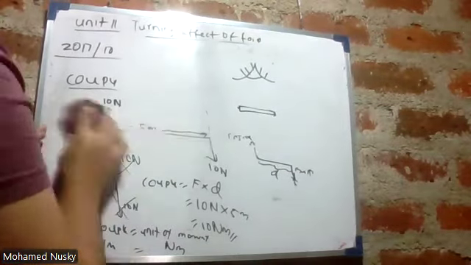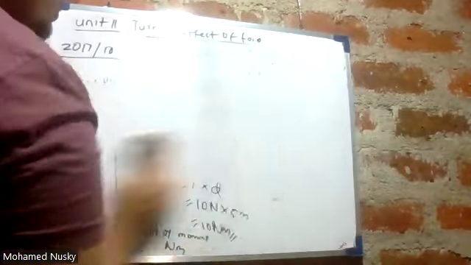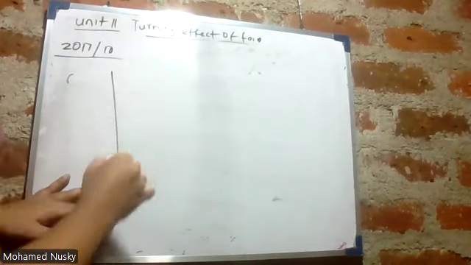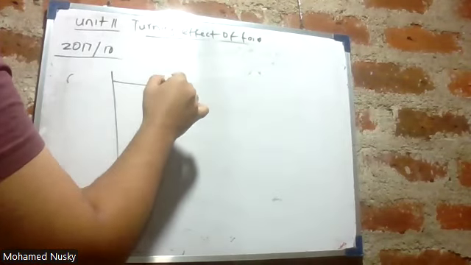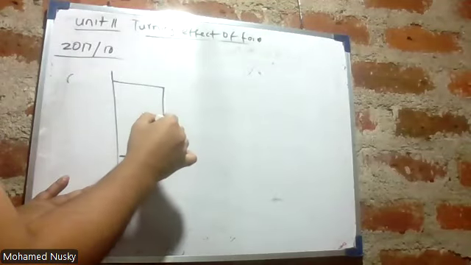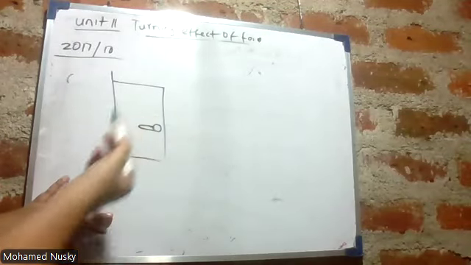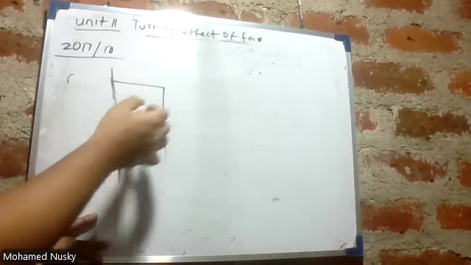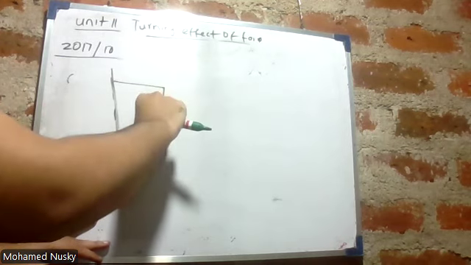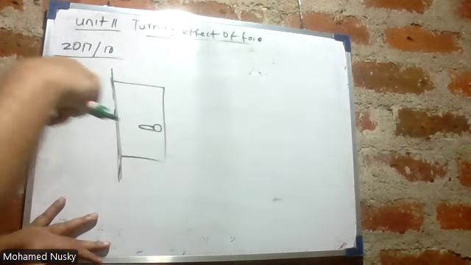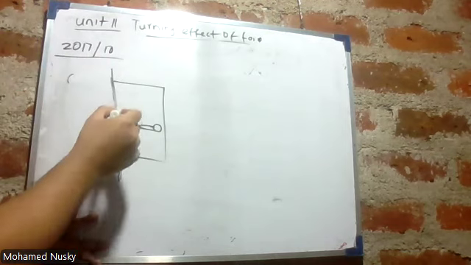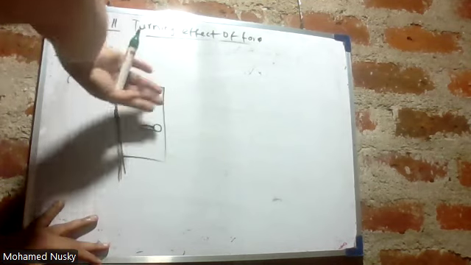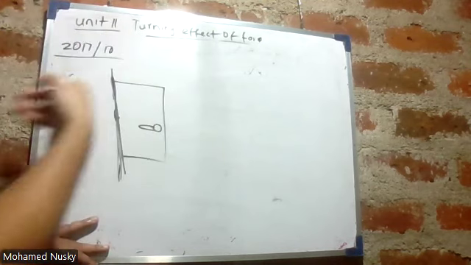I'm going to clean this. Here we have the door, and here we have the handle. With the use of the handle, I can pull the door and I can push the door. This door will be rotating through this axis, like this, or it will be rotating into the board.